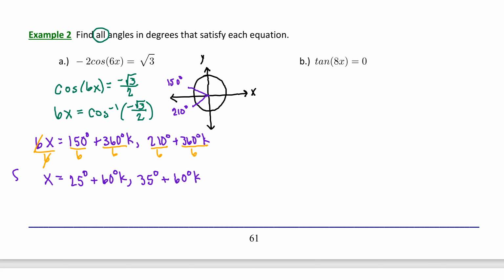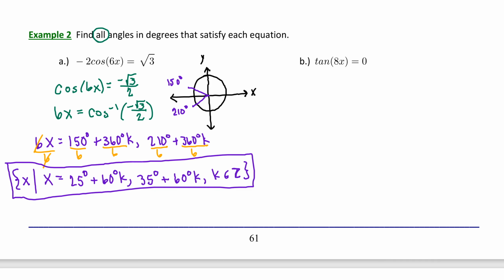So I'm going to dress it up and put it in set builder notation. We have the set of all x, and we're going to specify here on the end that k has to be an integer. So this is the complete solution of the equation, but it's a good idea to double check at least the first few solutions to make sure we've done this correctly.